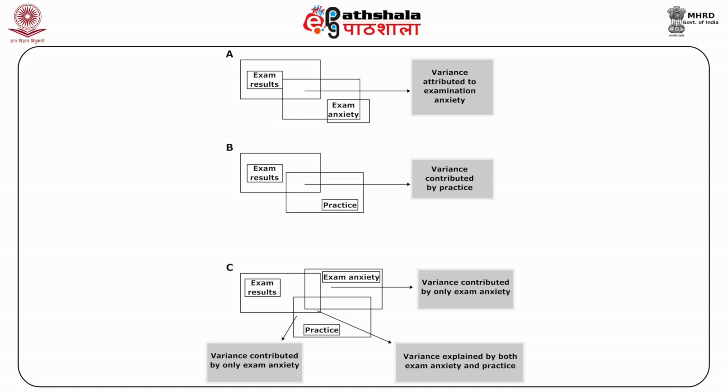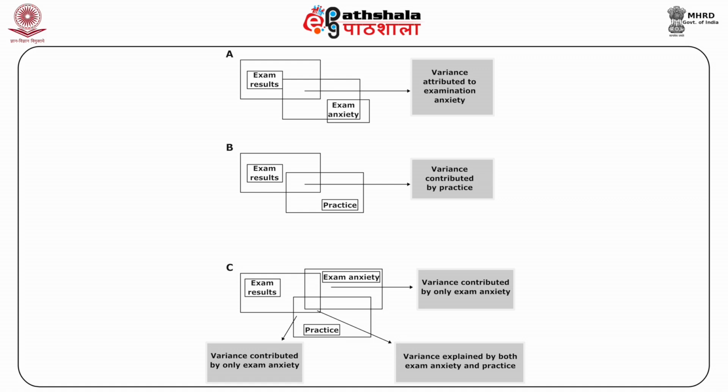We have combined all the three variables together as they occur in the research data. Now, the common area, the overlap area of the examination results, examination anxiety and practice effect, is the one that we need to weed out, because we may be interested in the variance contributed by only exam anxiety or the variance contributed by only practice.